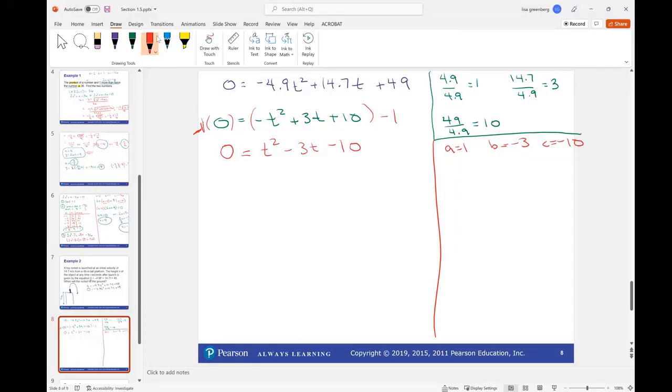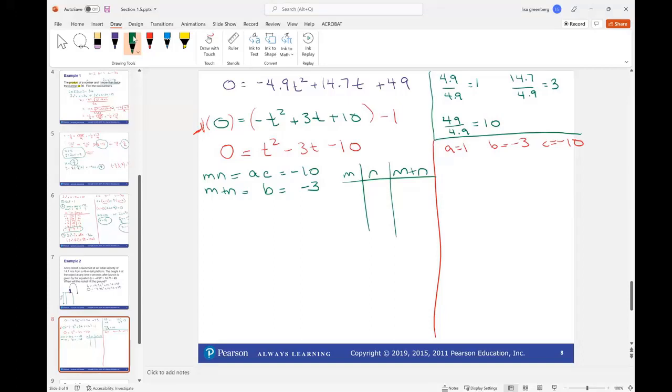So I want to find two numbers that multiply together to give me a times c, and here a times c is -10. And if I add them together, it gives me b, and my b is -3. Okay, and then I can make my little table here on the side, or if you know what the values are, you don't have to make the table.